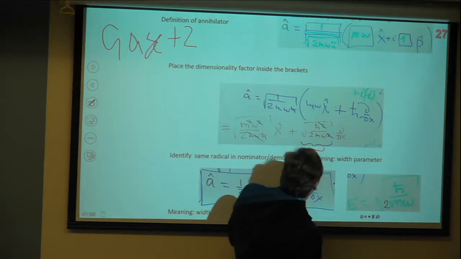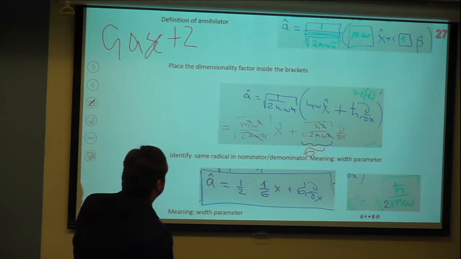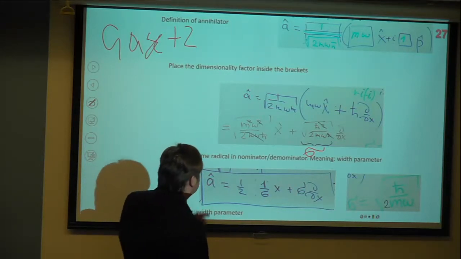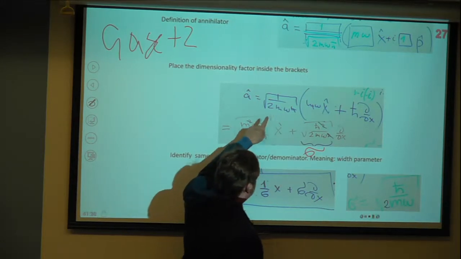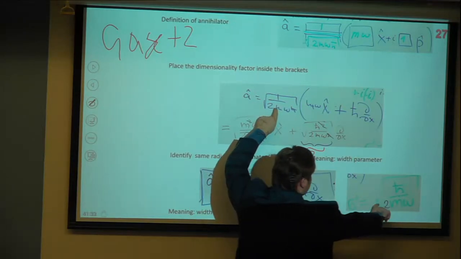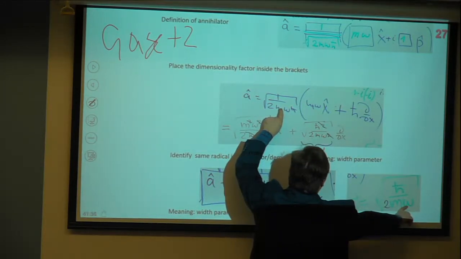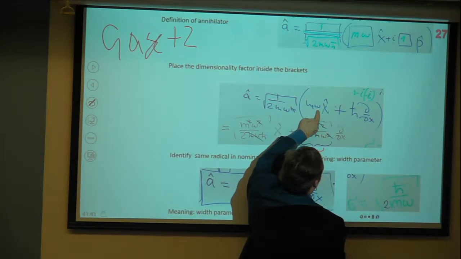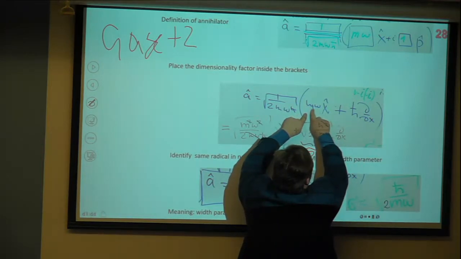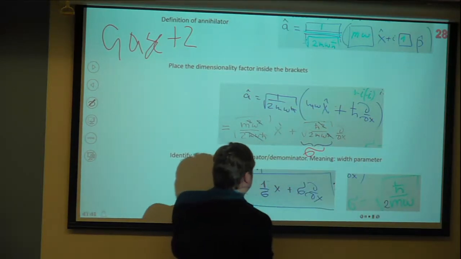And then we probably can put h bar out of brackets, and then the factor here will become the square root of h bar over 2 m omega, and the factor in front of x, if we put h bar outside of brackets, will gain m omega divided by h bar.